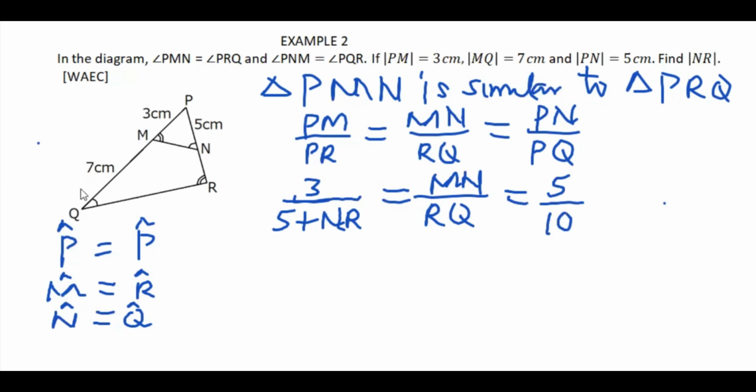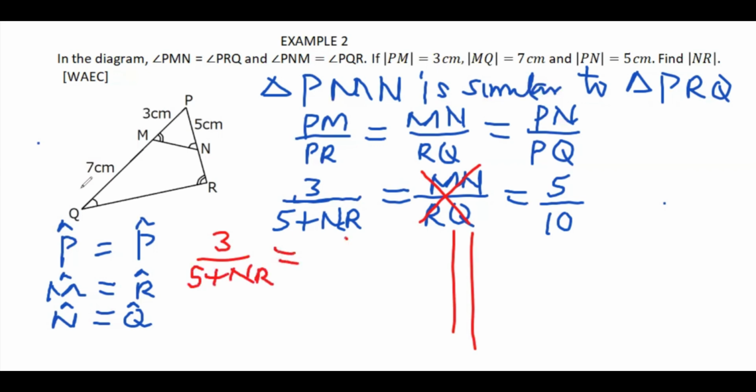So we equate the first and the last ratio because the one in the middle, both numerator and denominator are not given. So we simply have 3 over 5 plus NR equals 5 over 10. 5 over 10, if you like, you can reduce it as 1 over 2.